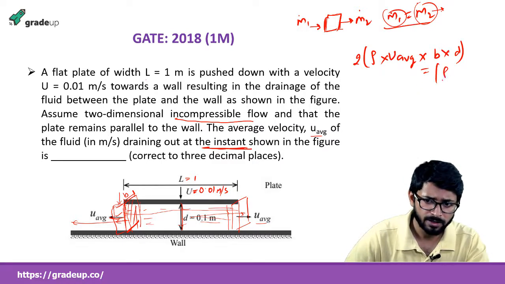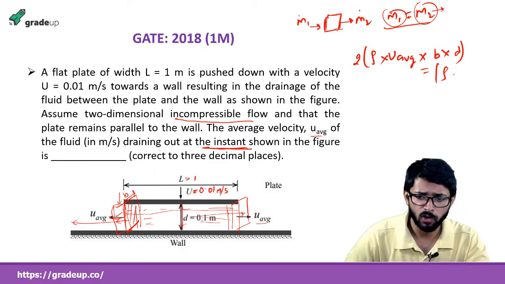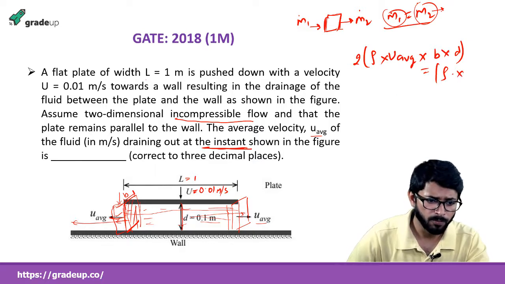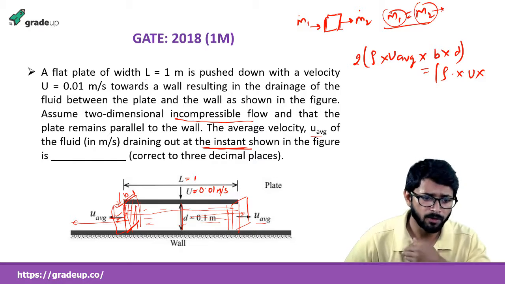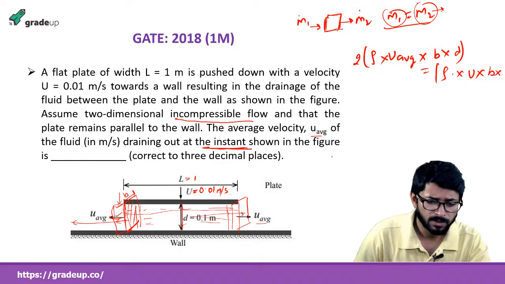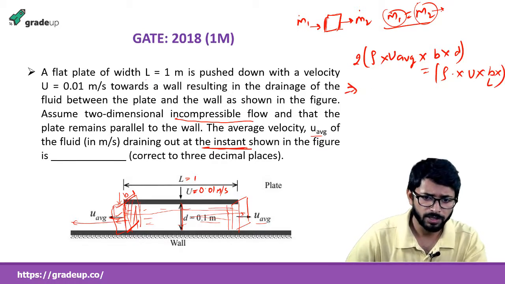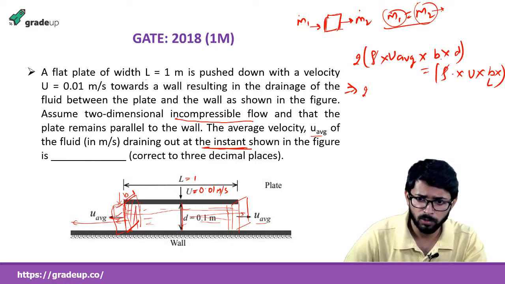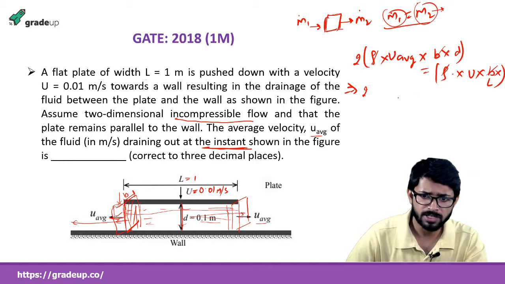How can we write this mass? Density into volume. So density times the velocity u at which the plate is moving downward, times the surface area of the plate. We have taken the width of both plates as b, so multiplying by b and the length L. By putting in the values, the density cancels out from both sides, as does the width b.